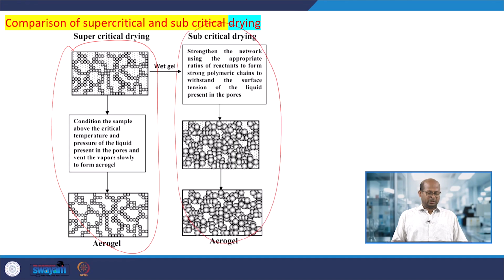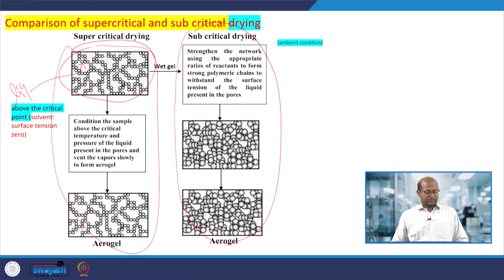So in supercritical drying, here you can see the 3D network, the gel formation, and inside the gel some liquid is there. That liquid we can remove by supercritical drying, as I said. In supercritical drying we maintain the critical temperature of the liquid present inside the pores. Then the solvent will be evaporated out and this type of aerogel structure would be formed.